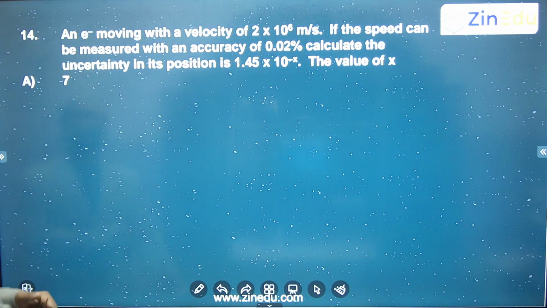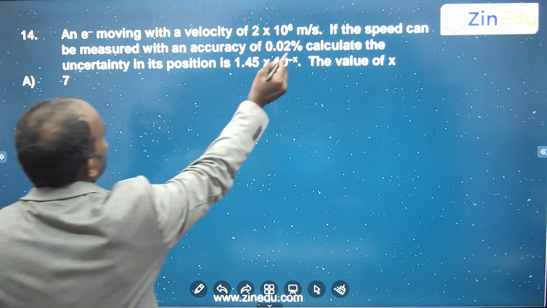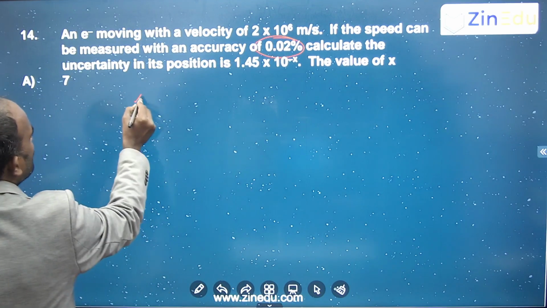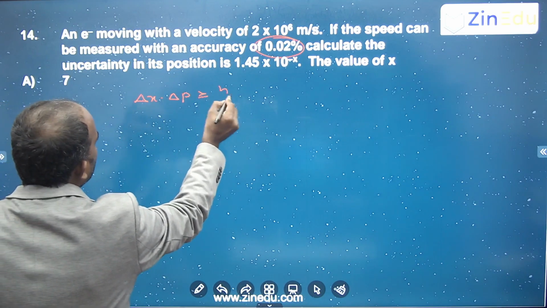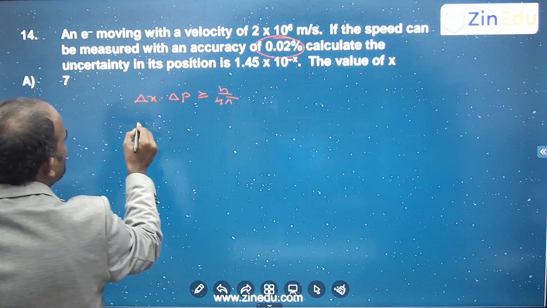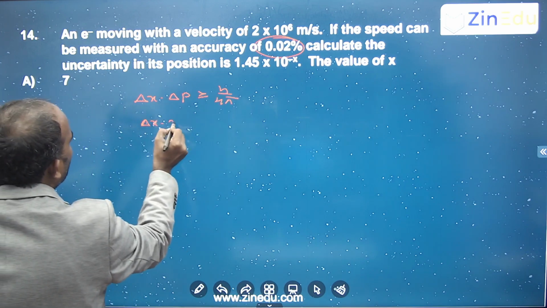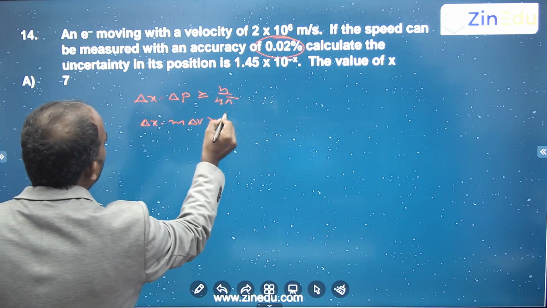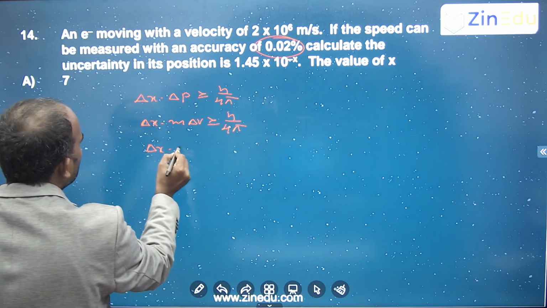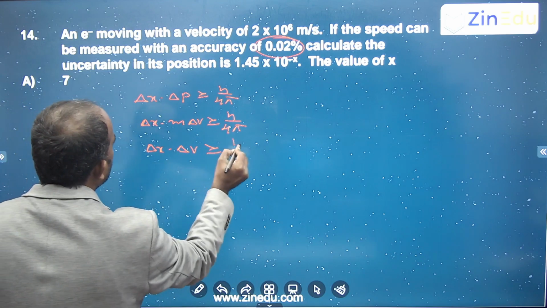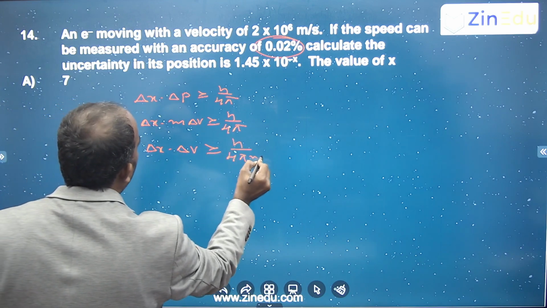An electron is moving with a velocity 2 into 10 power 6 meter per second, and if the speed can be measured, as we know, delta x into delta p is greater than or equal to h divided by 4 pi. So delta x into m into delta v is greater than or equal to h divided by 4 pi, so delta x into delta v is greater than or equal to h divided by 4 pi m.